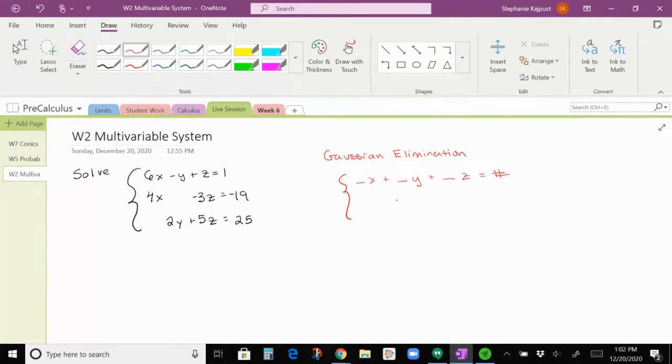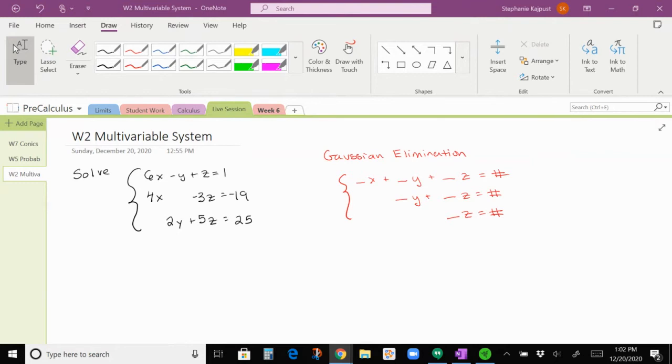Then your second row, you'll have something with Y and something with Z equals a number. And then your last row, you have something with Z equals a number. And so we set it up in this stair-step kind of process.